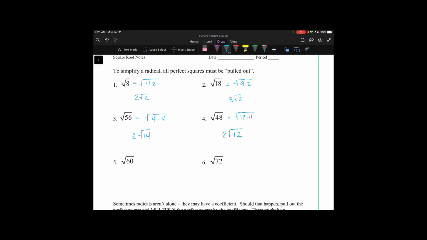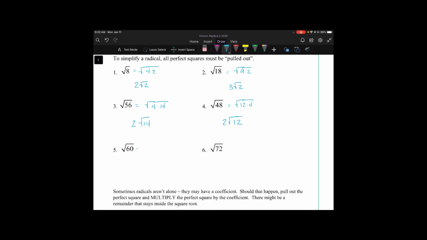Let's see here, 60 would be 15 times 4. I know that 4 is a perfect square, so the 4 can come out as a 2, and the 15 stays in there. And 72 would be, let's see, 9 times 8. 9 is a perfect square, so it comes out, and the 8 stays in the house.